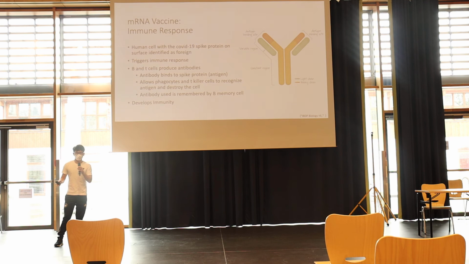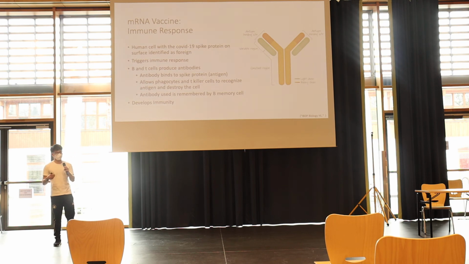As the spike protein is displayed on the human cell, it belongs to the COVID-19 virus. It is identified as foreign to the body, and therefore it is considered an antigen. This then triggers an immune response, where B cells and T cells rapidly produce antibodies with different binding sites to find an antibody which can bind to this antigen, in this case the COVID-19 spike protein.